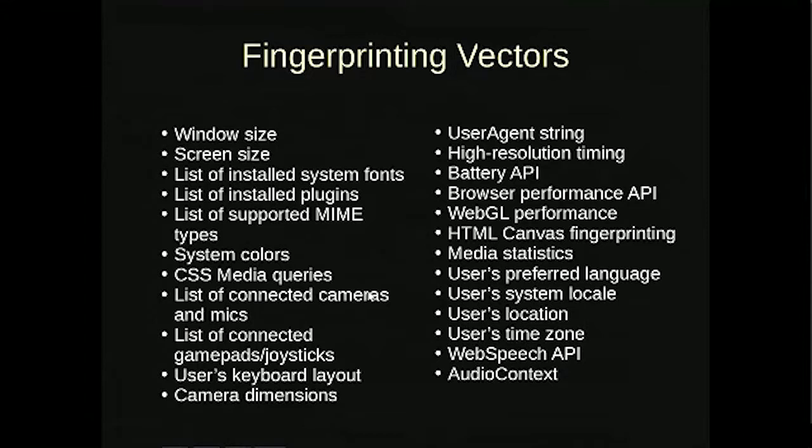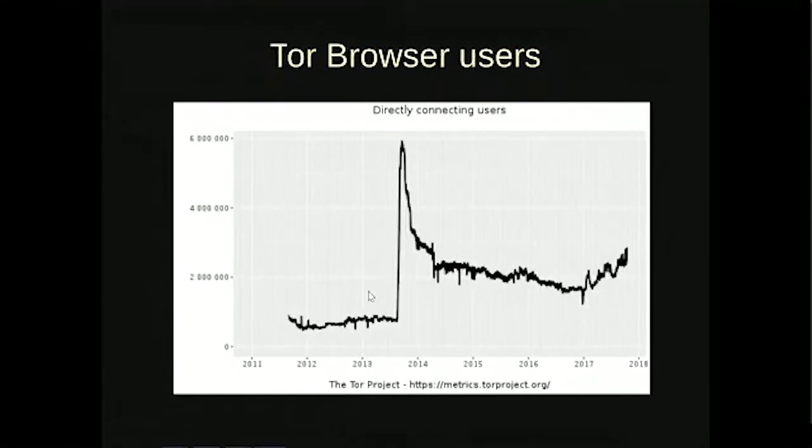Instead, we return the window size. In other cases, we block the value altogether, so we just don't allow certain web API calls to be made by scripts. So those are the three anti-tracking protections that I'm talking about today.